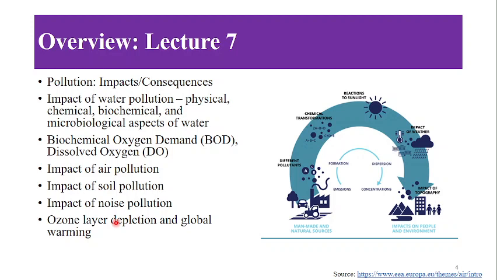So when it gets depleted because of the reaction with the chlorofluorocarbons, which were earlier used in the coolants of refrigerators and air conditioners, they get emitted into the environment, and then they react with ozone, and the ozone layer gets depleted. So because of that, harmful radiations such as UV rays can reach the earth.